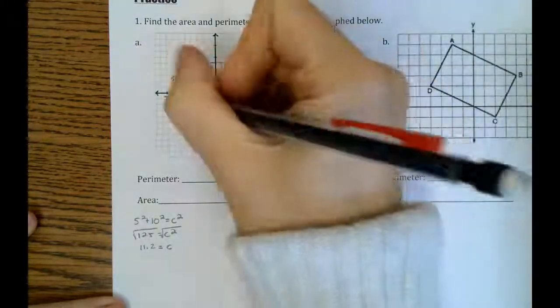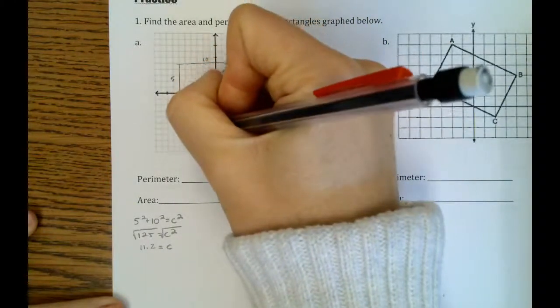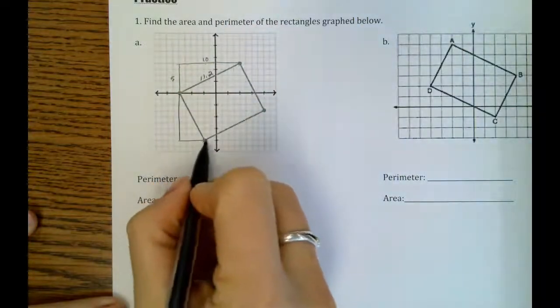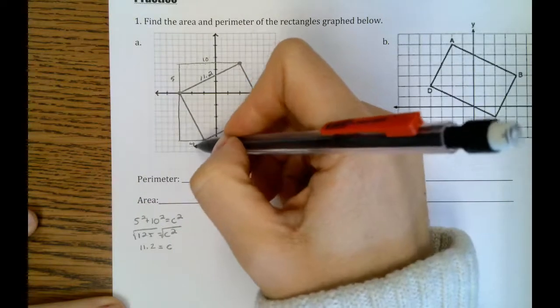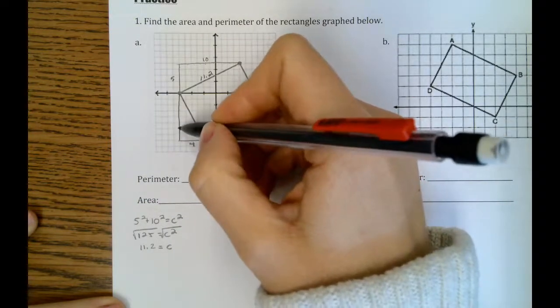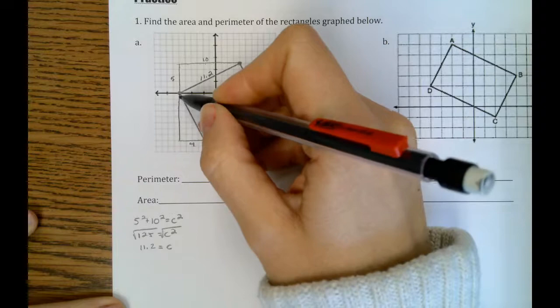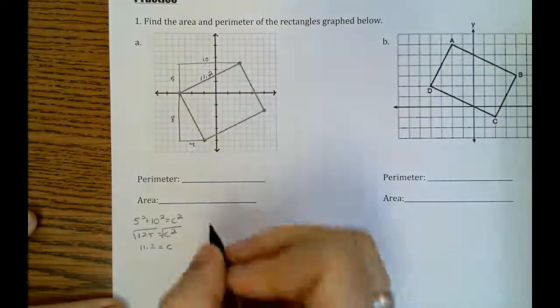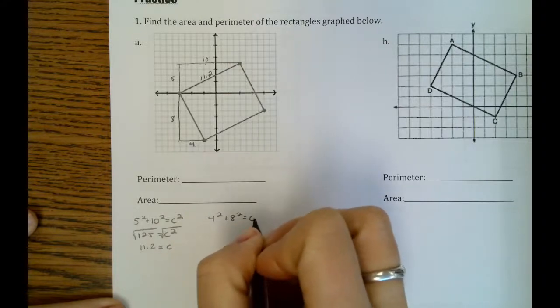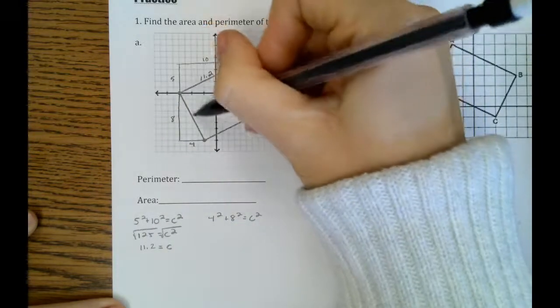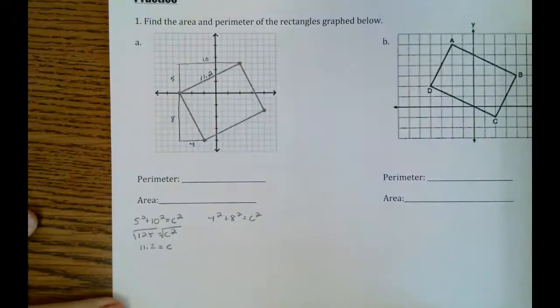Okay, for our next side, we'll have 4 as our A value, 8 as our B value, and then our C value is going to be the side that we're looking for, which is the hypotenuse.